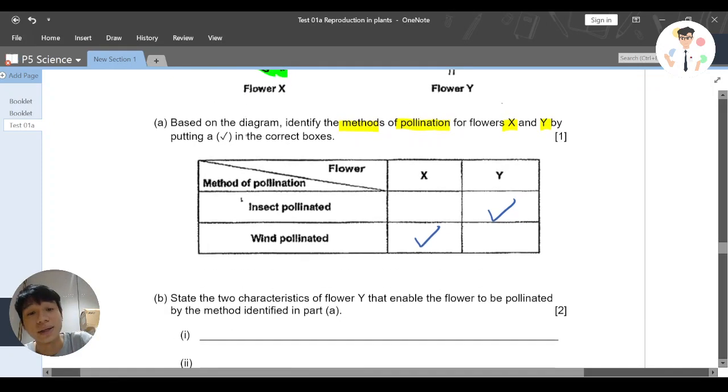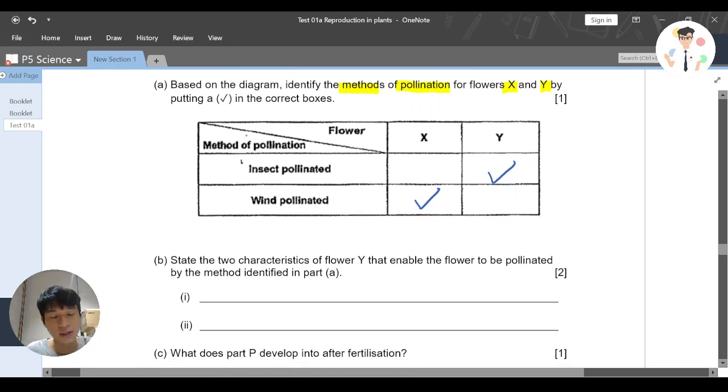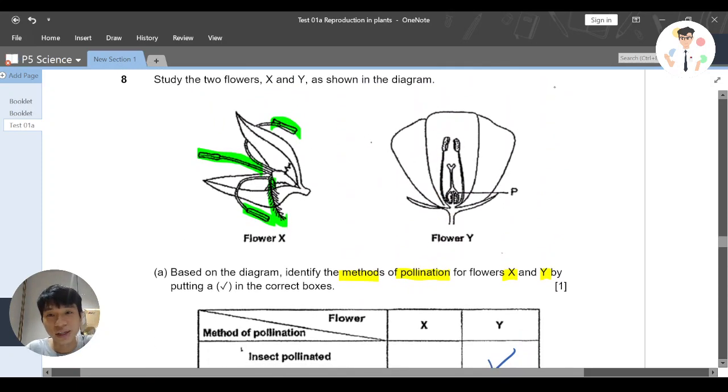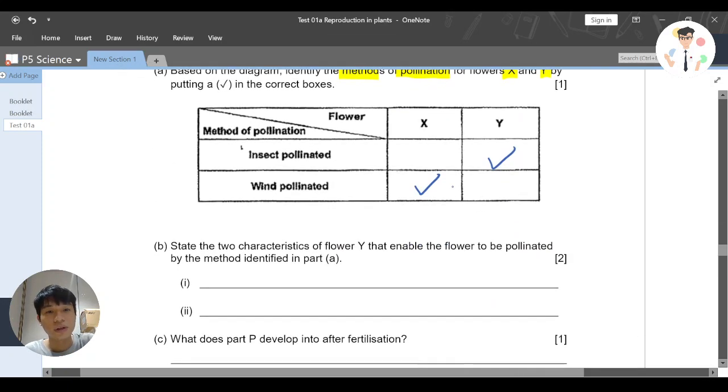Now, how about Y? That is basically the B question. State the two characteristics of flower Y that enable the flower to be pollinated by the method identified in part A. As you know, there are two things that are very obvious. First is the nectar. It's around here actually.